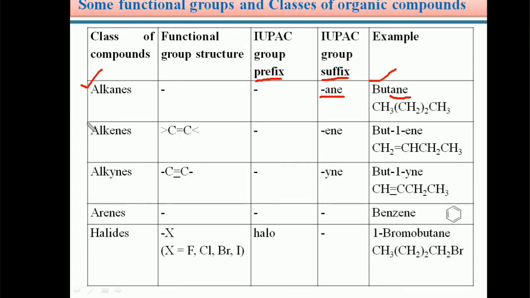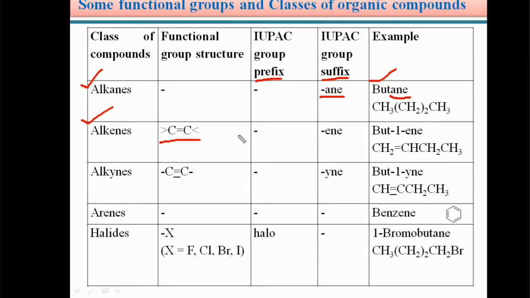Next class of compounds is alkenes. The functional group structure of the alkenes is C double bond C. This we also saw in our earlier video module. C double bond C is the functional group in the alkenes class of compounds, which are unsaturated hydrocarbons.